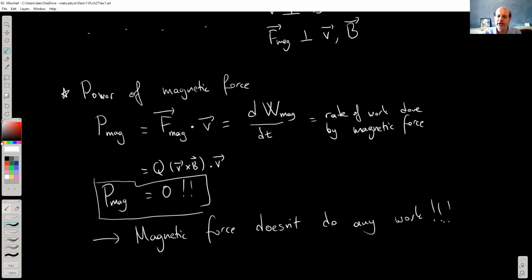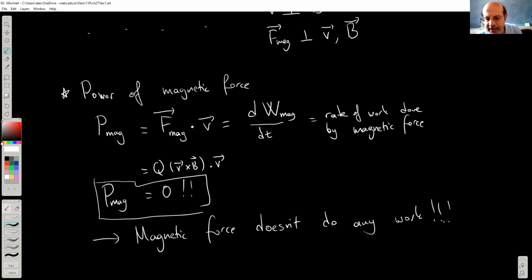It's actually transferred by some other mechanism that we are going to see later, right? We will be talking about magnetic energy and things like that, starting with this week.